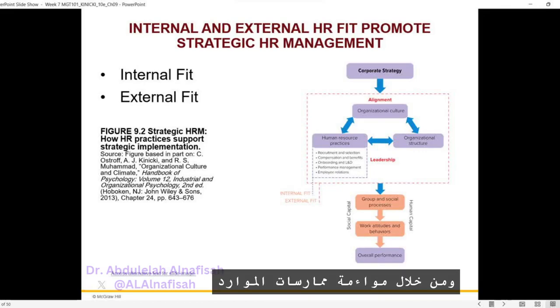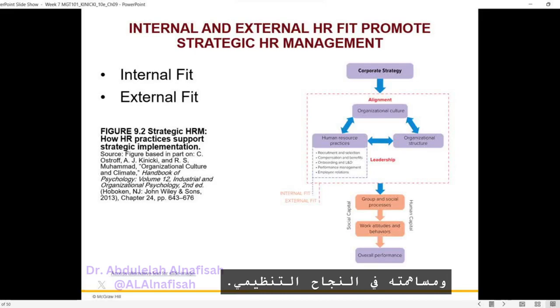By aligning the HR practices with the organization's culture, structure, and strategic objectives, external fit is established, supporting the firm-level strategy effectively.